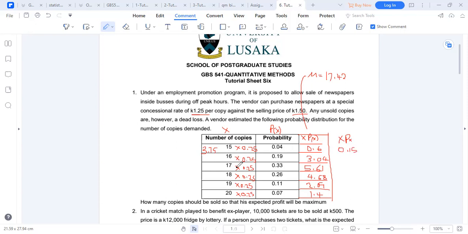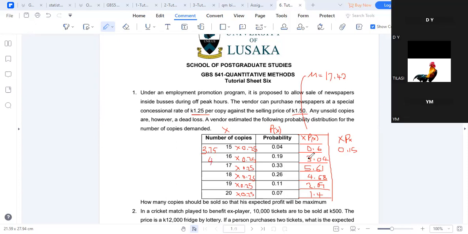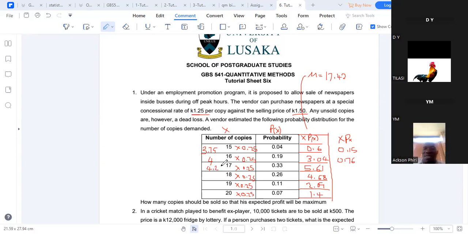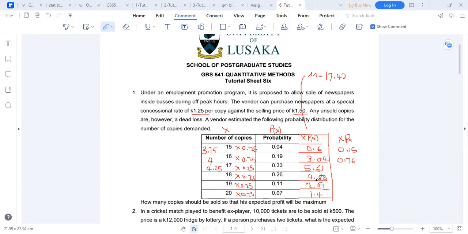Then 16 times 0.25, we're getting 4. 4 multiplied by the probability 0.19, we're getting 0.76. 17 times 0.25, we're getting 4.25. That is our profit. When we multiply it by the probability 0.33, we get 1.4.